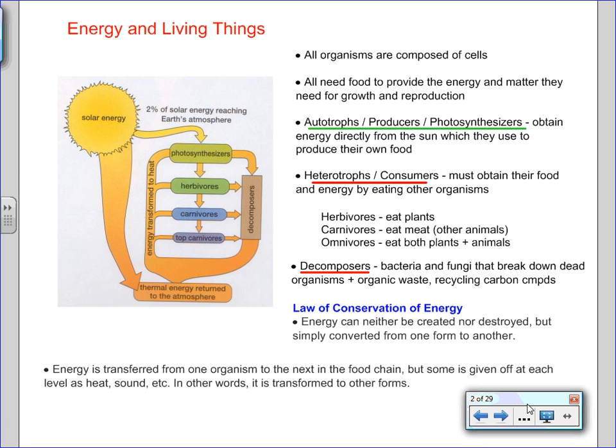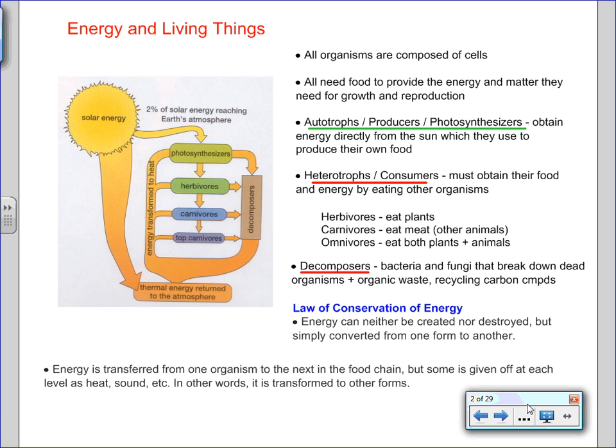They obtain energy directly from the sun, so they have the ability to harvest the energy from the sun and they use it to produce their own food. Heterotrophs, or consumers, must obtain their food and energy by eating other organisms, be it plants or animals or other things.